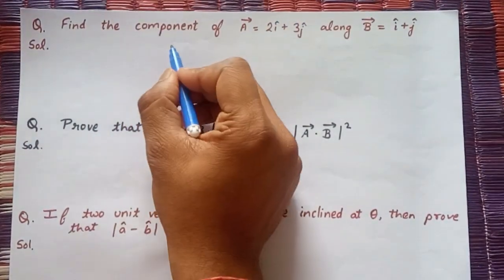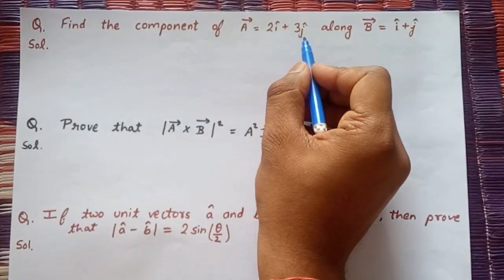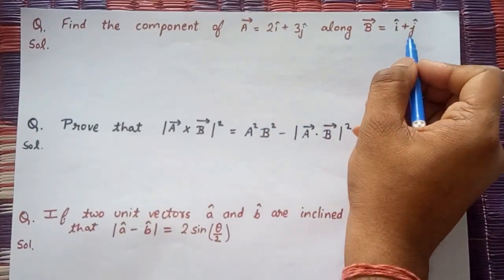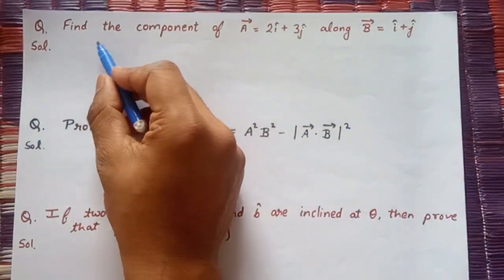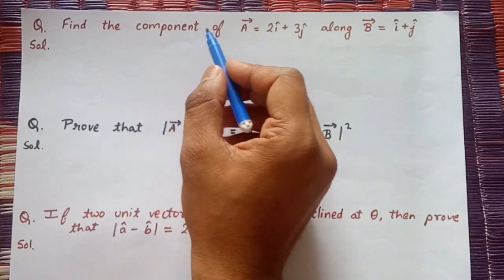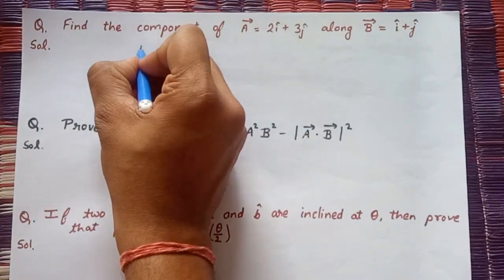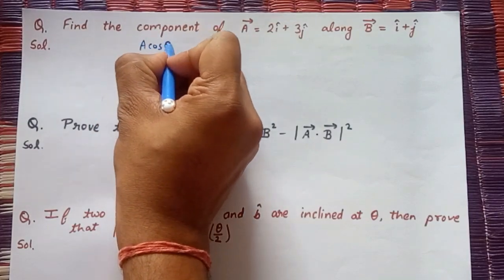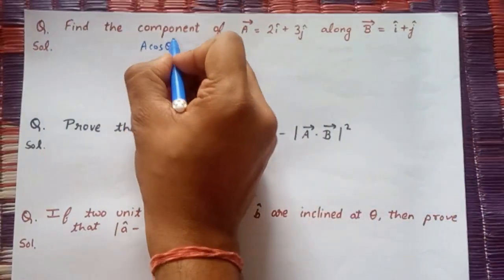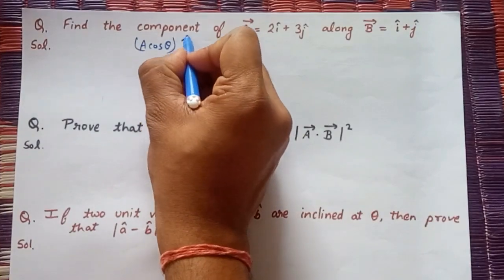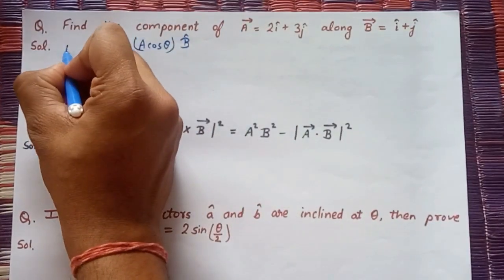Next question is, find the component of the vector 2 i cap plus 3 j cap along the vector b, i cap plus j cap. See, whenever we have to find the component, we have to find a cos theta, and along this, in the direction of b cap, this is the required vector.